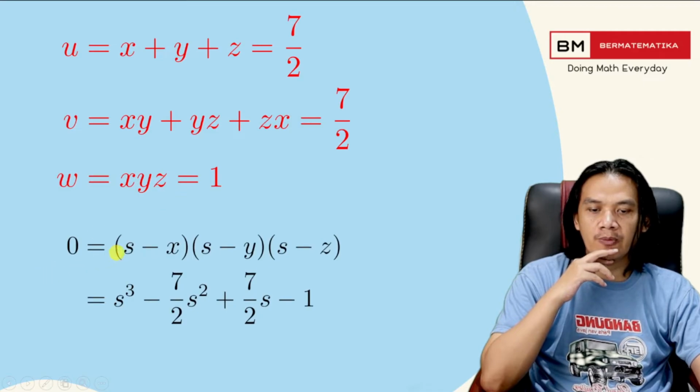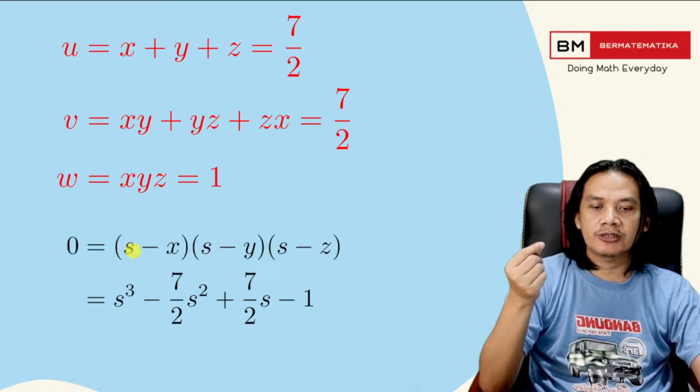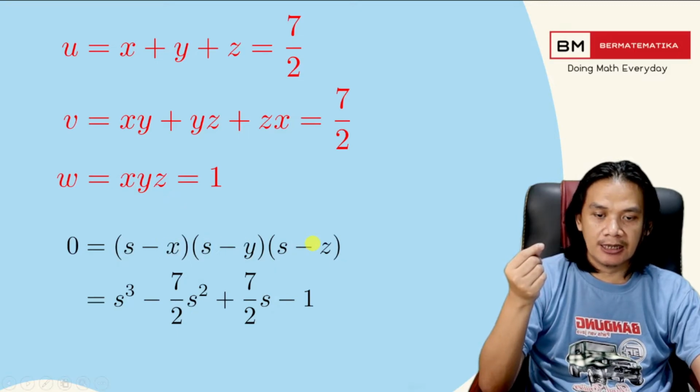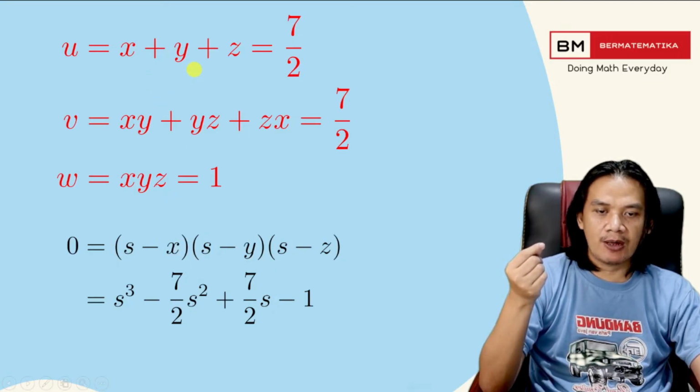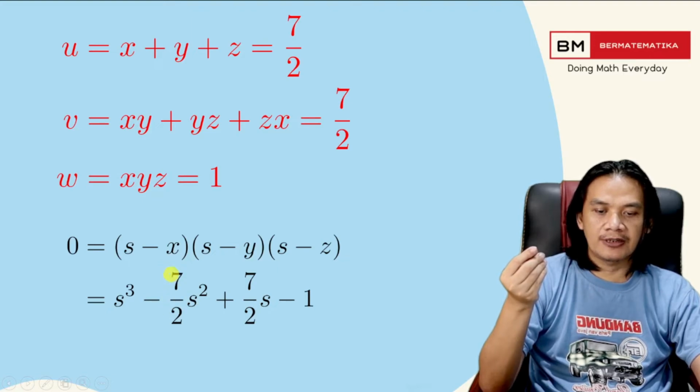So when we make a polynomial where the roots are x, y, and z, then this u, v, and w appear as the coefficients of s squared, s, and the constant. So the coefficient of s squared is minus u.